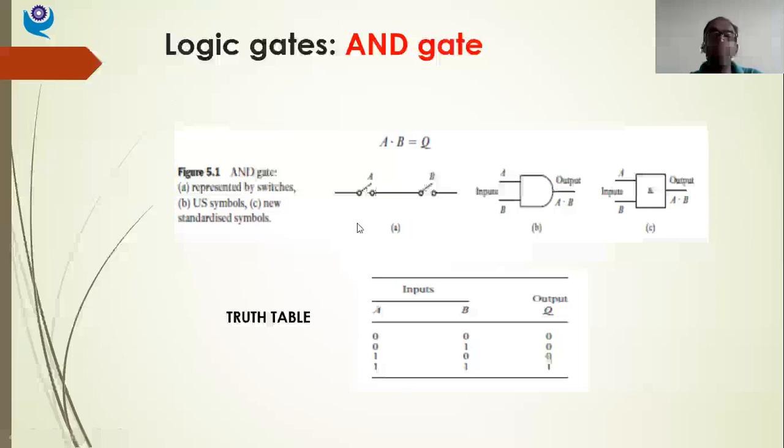And then if A is on, B is on, that is A is 1, B is 1, then the output is 1. A is high, B is high, output is also high. A is enabled, B is enabled, then only output Q is enabled. This is what is called the truth table for AND gate. It is very simple. You can refer to it once again so that you can understand. This is the AND gate.